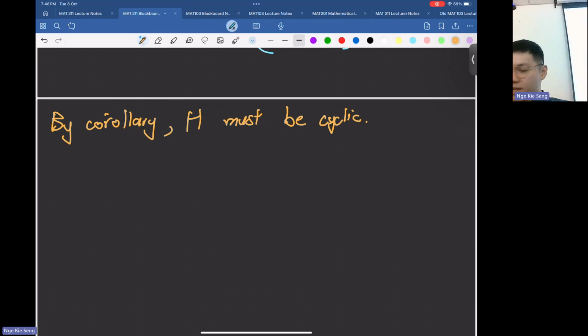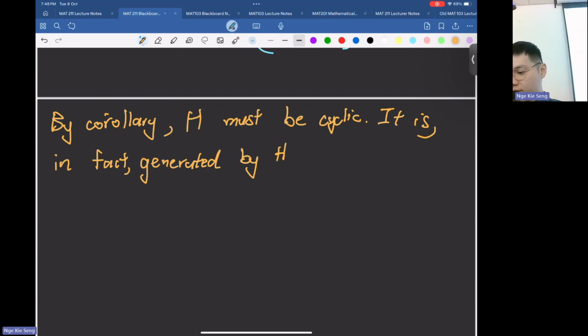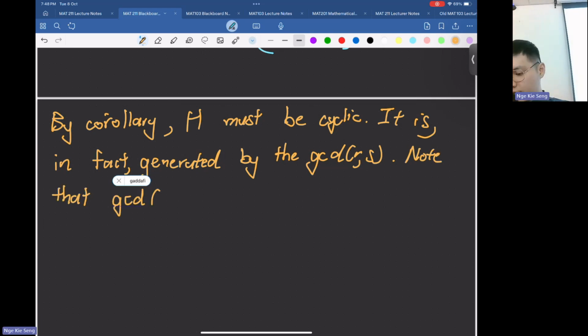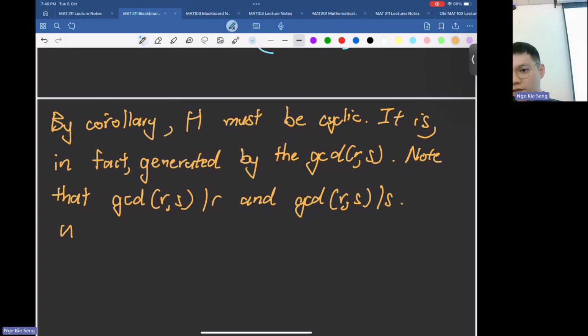My claim is that this n is in fact the GCD of R and X. Let me tell you why. The GCD of R and X will divide R, and the GCD of R and X will divide X.